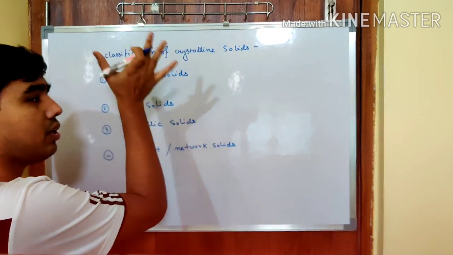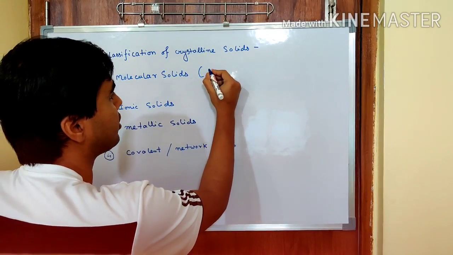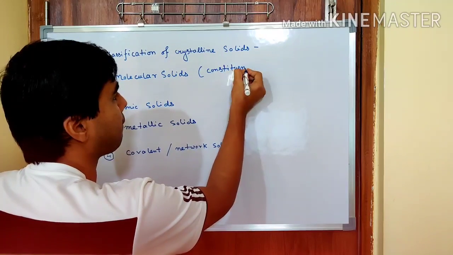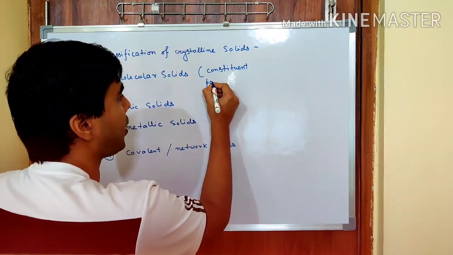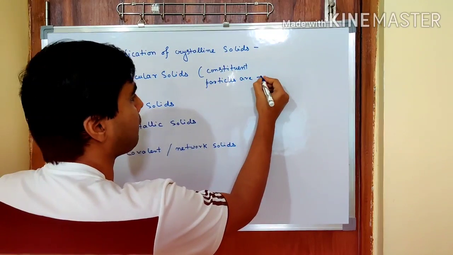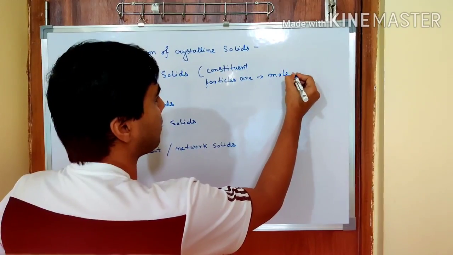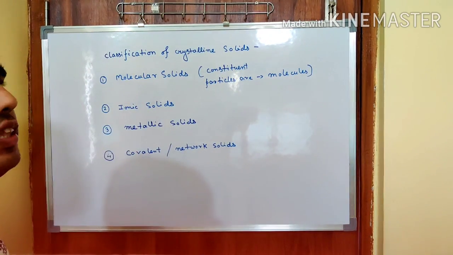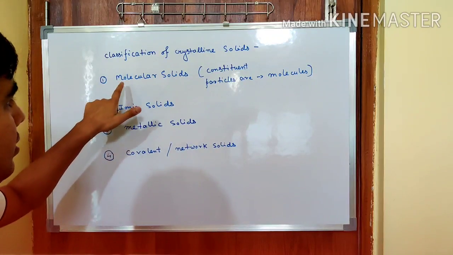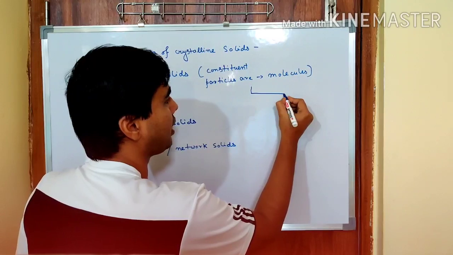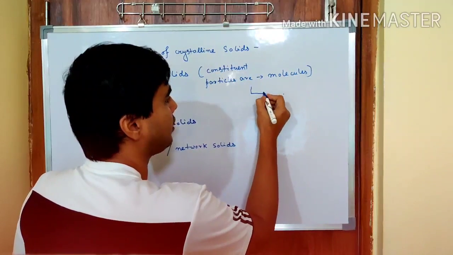See, molecular solids. Here, the constituent particles are molecules. That means molecules will join with each other to form the solids. And this is actually of three types. So this can be further classified into three types.